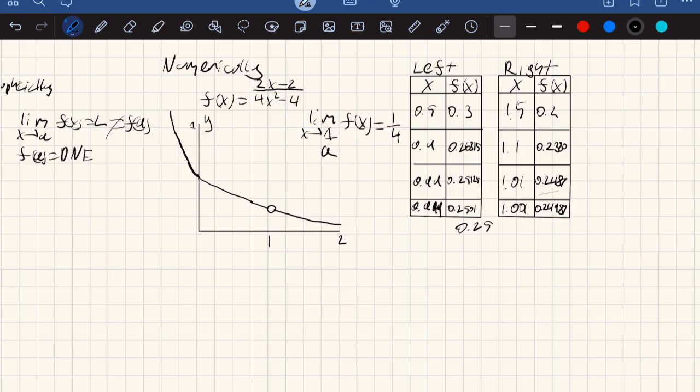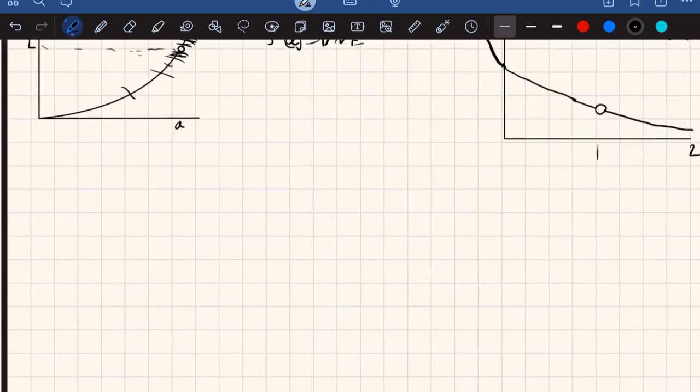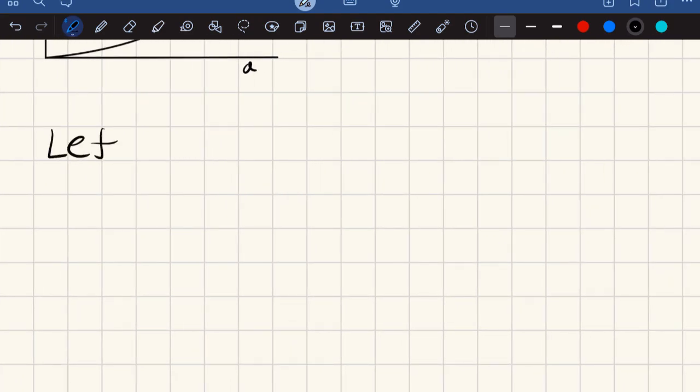Since we were just talking about values left and right of a, let's go to left and right side limits.